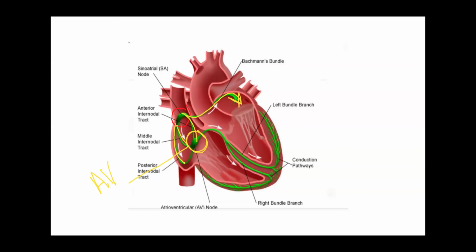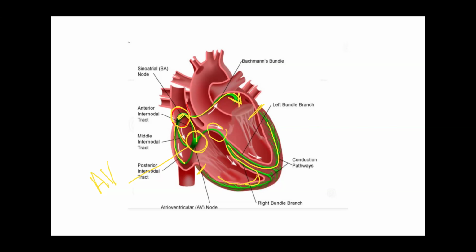You can see over here, this is the bundle of His. From there to the right bundle branch and the left bundle branch, which supply the electricity to each ventricle. Then the electrical activity ends over here. Then the next cycle again arises from the SA node.